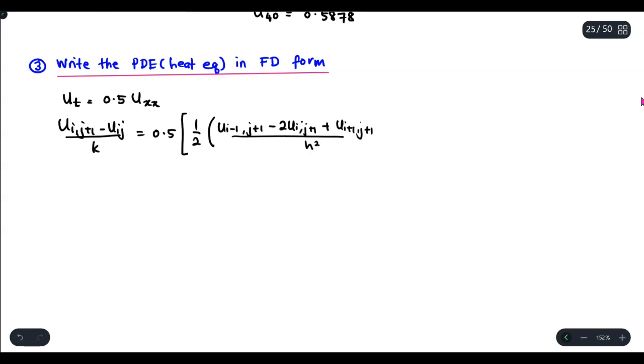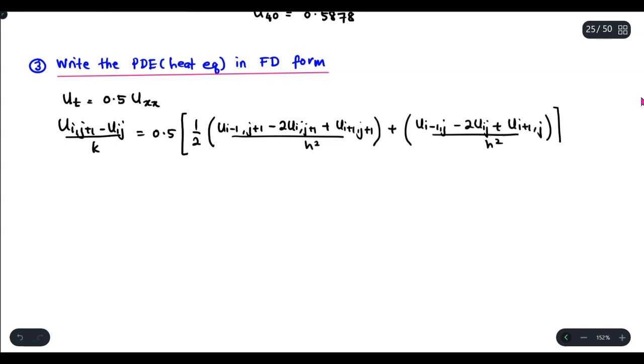That is uxx, evaluated at j plus 1. Plus the uxx evaluated at level j: ui minus 1, j minus 2 uij plus ui plus 1, j over h square.